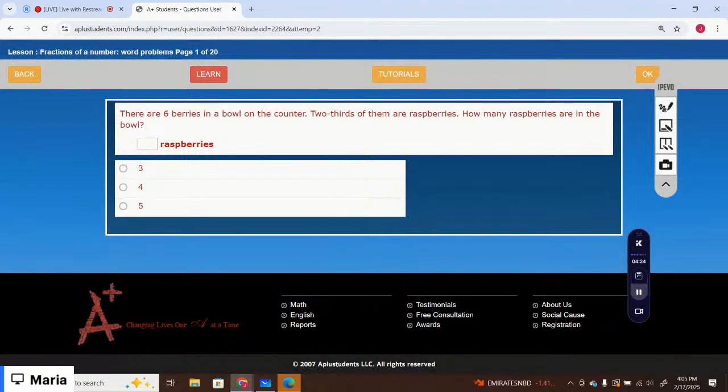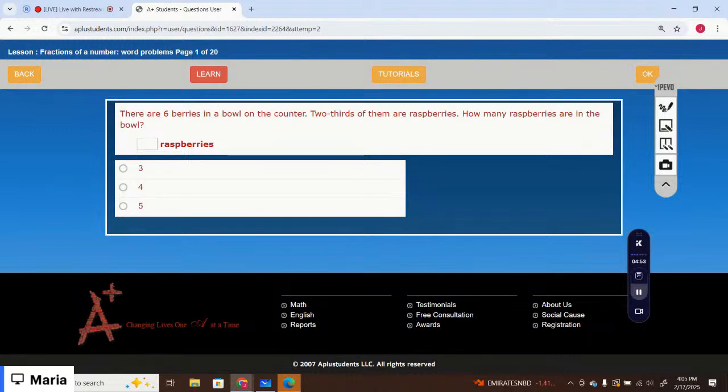There are 6 berries in a bowl on the counter. Two-thirds of them are raspberries. How many raspberries are in the bowl? One third of these 6 berries, right?